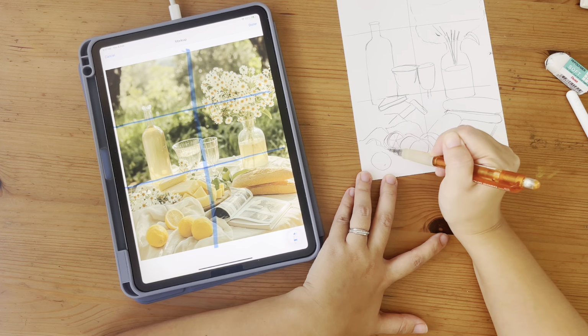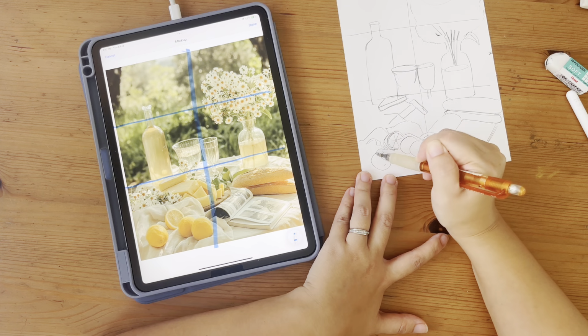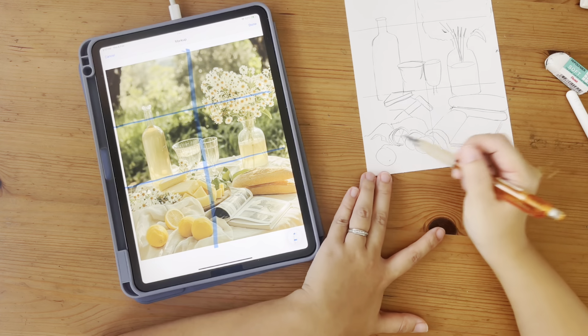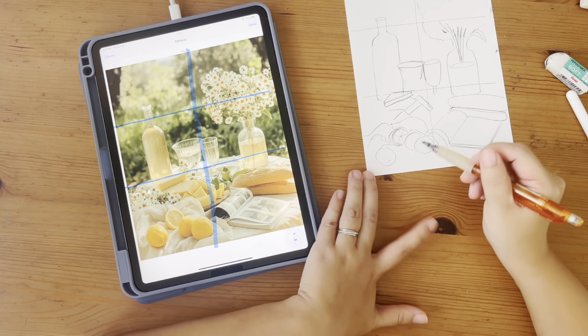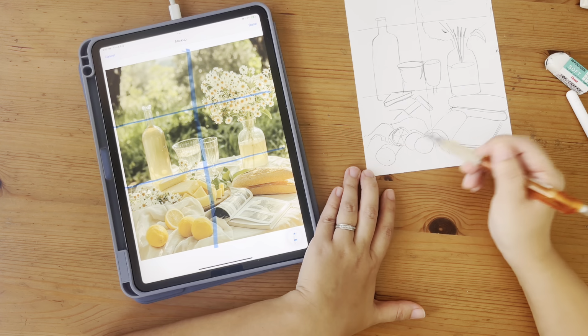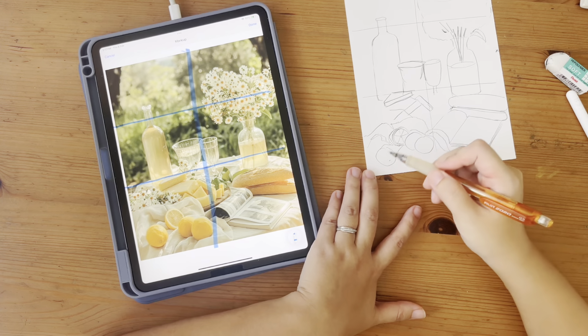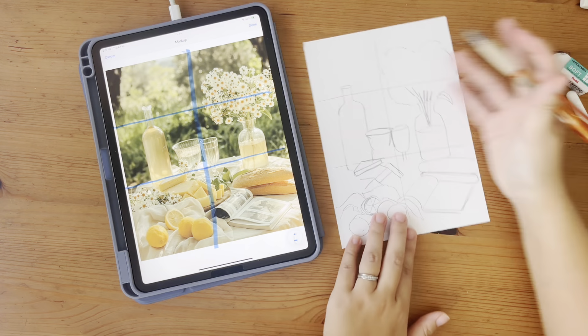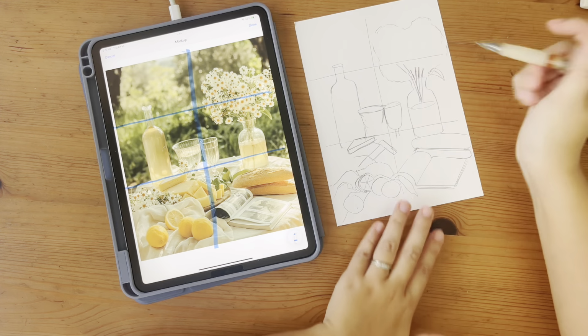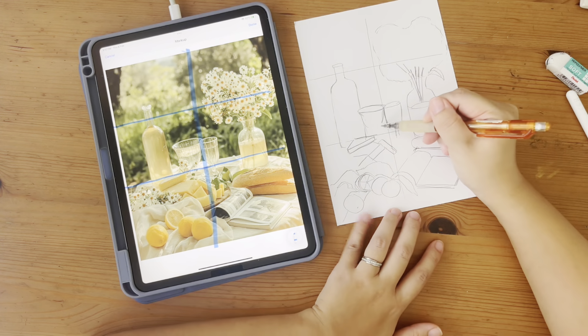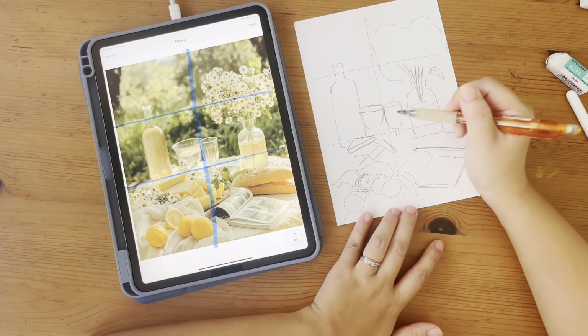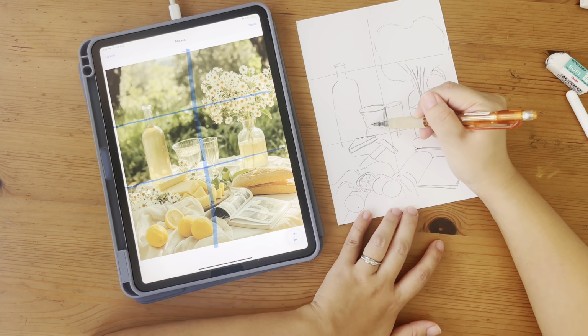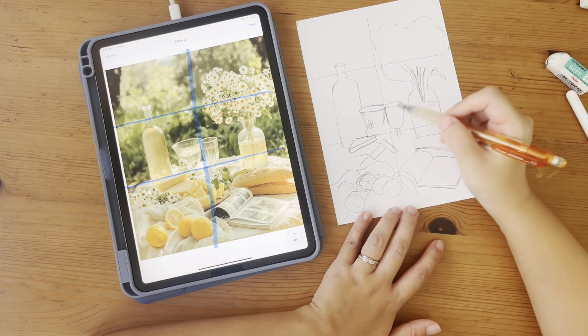So a lot of it boils down to your personal preference as well. Today's session is more about how do we use an image reference and how do we kind of transport it over to our drawing paper so that things are proportionate. There's space for all the elements that we want to capture.